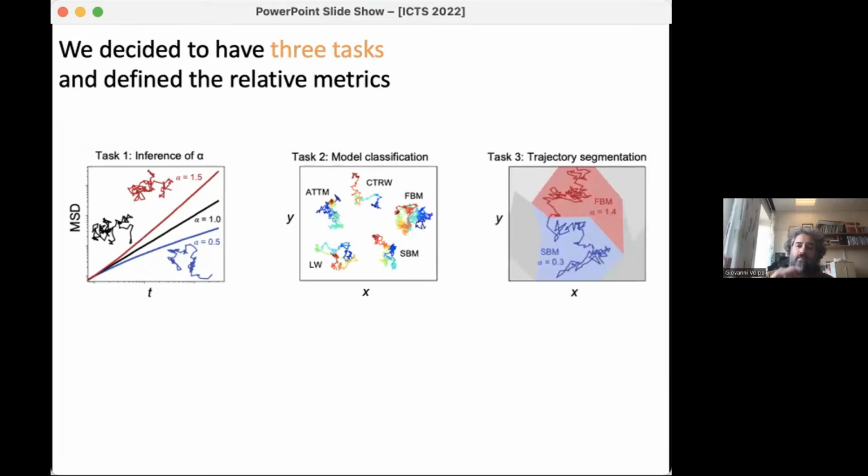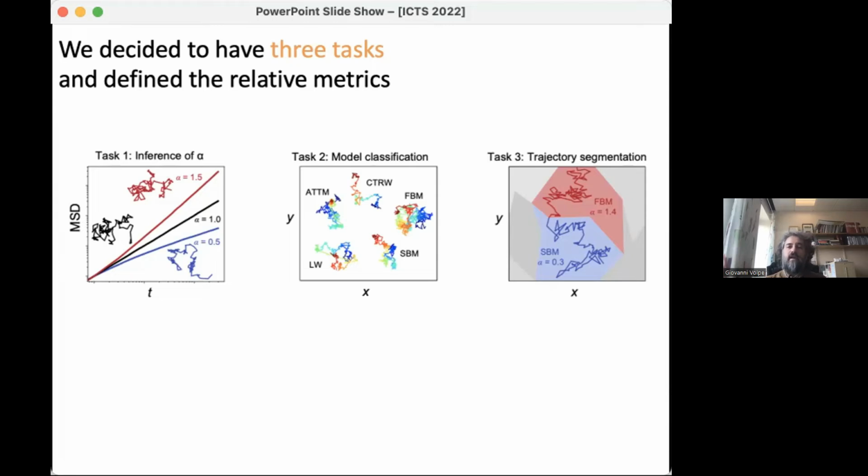And finally, a more advanced task: trajectory segmentation, which practically means now we have a trajectory which, after a certain amount of time, switches from one kind of motion to another, changing both the anomalous diffusion coefficient and the underlying diffusion model. So the question here is obviously to identify the change point, but also to identify the underlying models for the two phases, as well as the underlying anomalous diffusion coefficients.